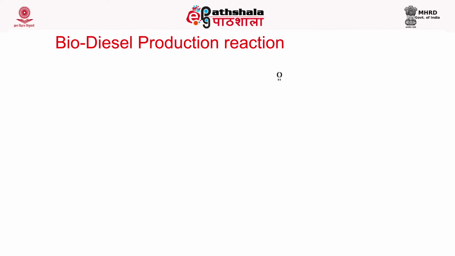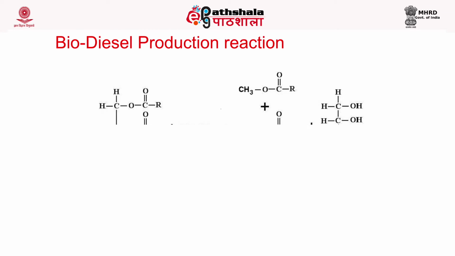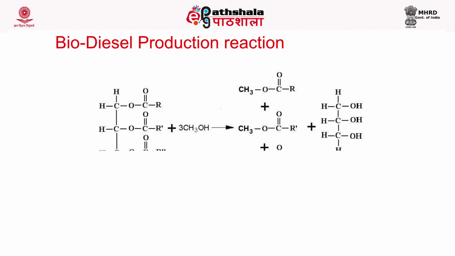This is the structural formula of vegetable oils. It has mono, di, and triglycerides. Now, this is the biodiesel production process where the vegetable oil, which is triglycerides shown in the chemical reaction, reacts with the alcohol. So we can use either methanol or ethanol as the reacting substance as alcohol in the process.